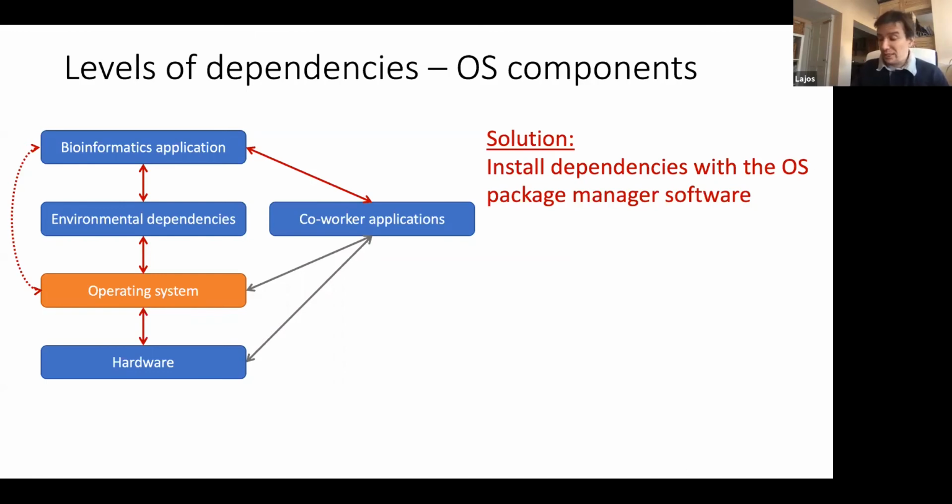It's one line of command. Of course, you have to be a super user to do this. So you have to be the administrator of your computer, which if it's your own, you are. But this is a very easy way to solve dependencies if they are core Linux packages.